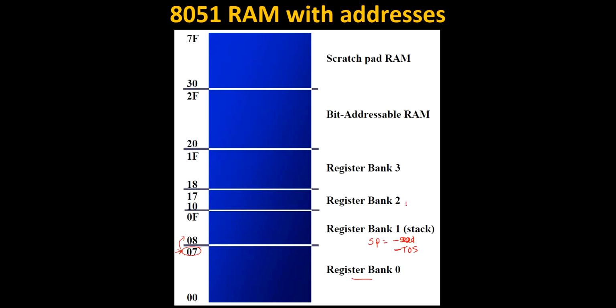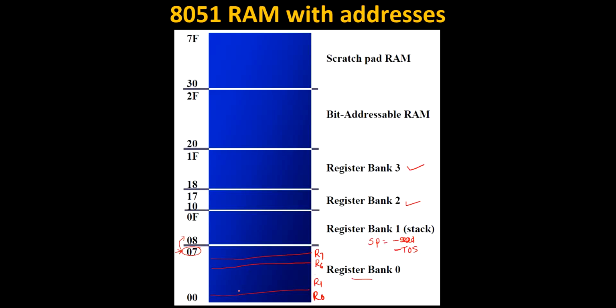Next, register bank 2, 10 to 17, that is 8-bit. Register bank 3, 18 to 1F. All these register banks consist of R0, R1, R2, up to R6 and R7.